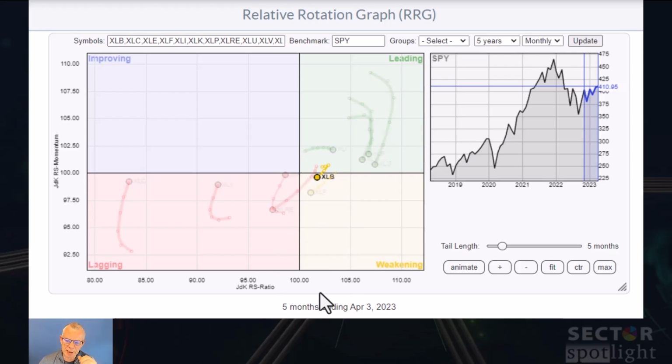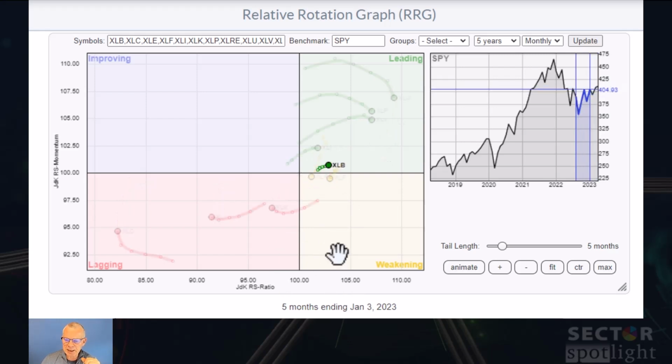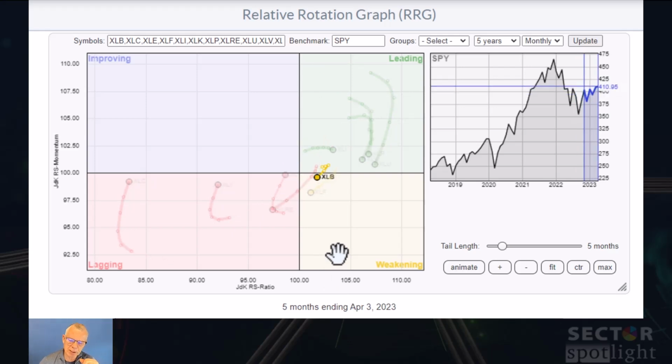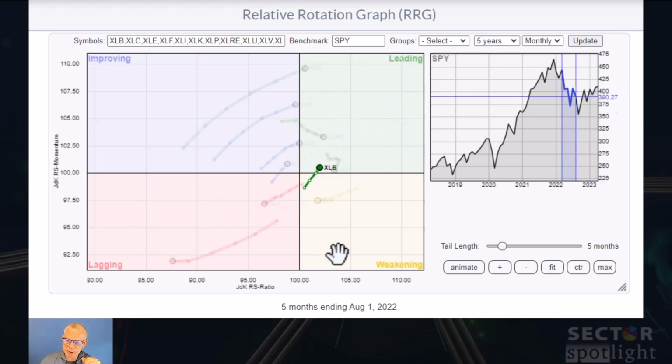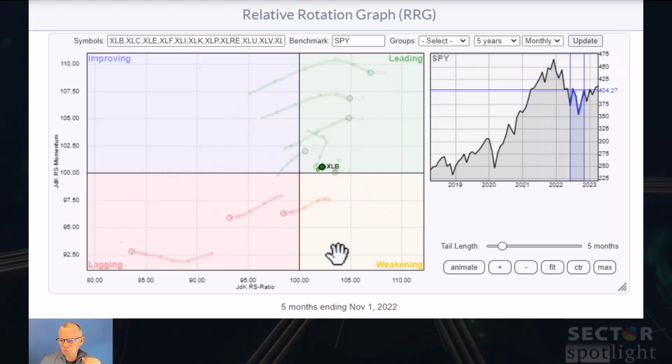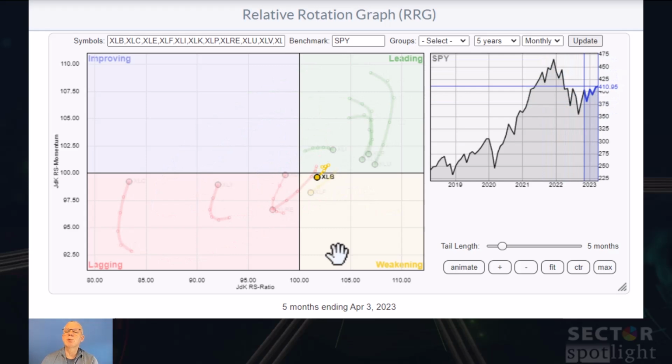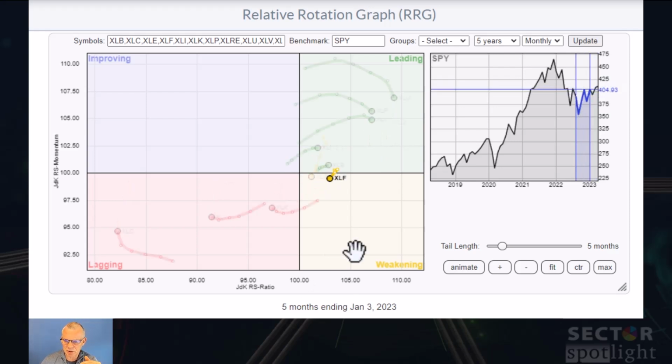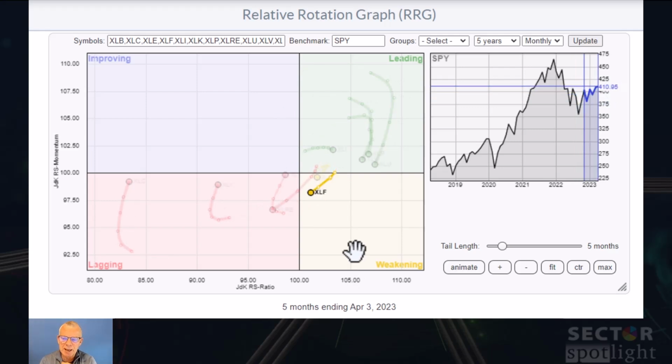These are inside the weakening quadrant. And you can see how especially materials is rotating around here. So there's no reason why this could not be moving back up again in the next couple of months. The one that's probably the most worrisome is the financials tail, because you can see how that has moved, and we all know why that is happening.